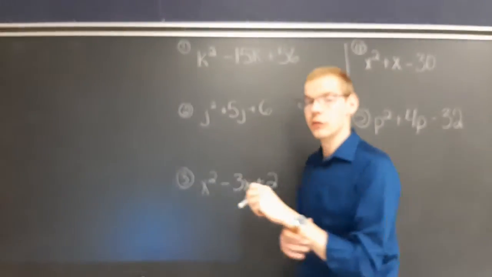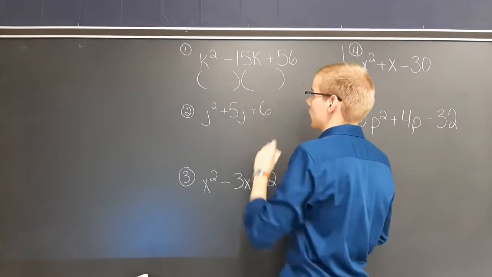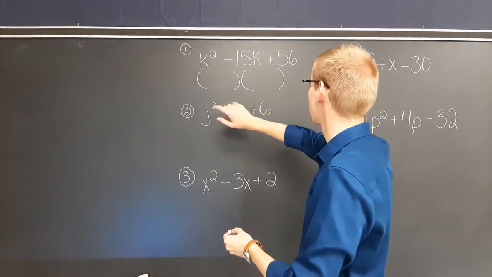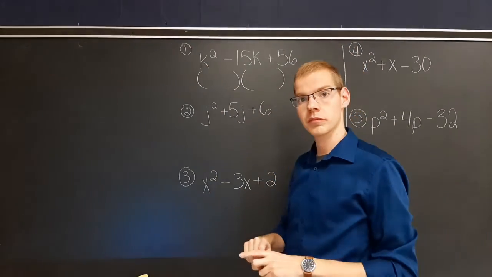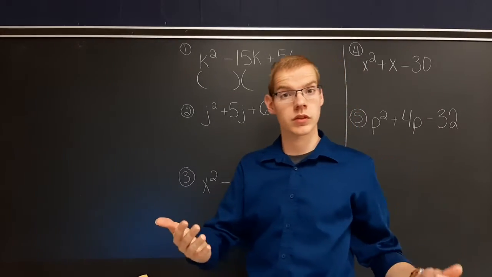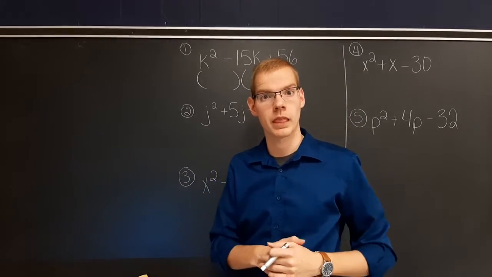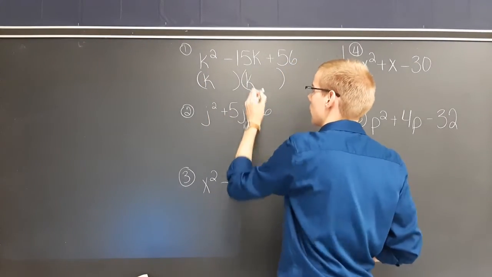So first of all, we need two sets of parentheses, this set and this set. And we need this one factored. So what two things can be multiplied to get k squared, which is k and k.